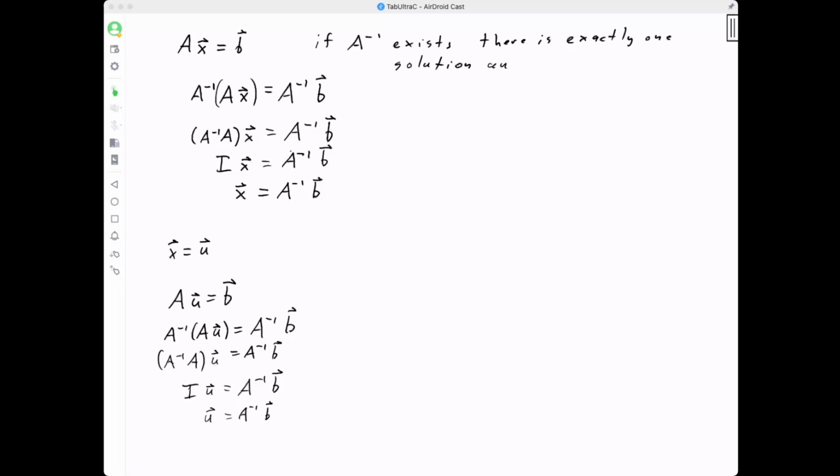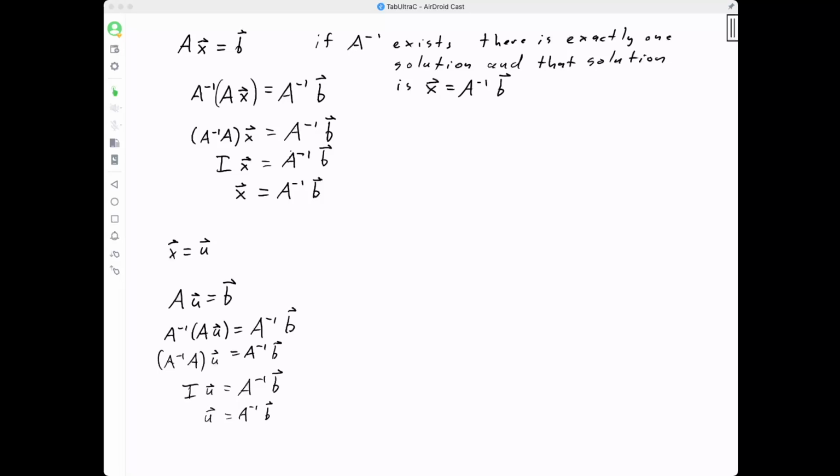And that solution is that x is equal to A inverse times B. So if you know the inverse of the matrix, it is very, very quick and easy to find the solution of the matrix equation.